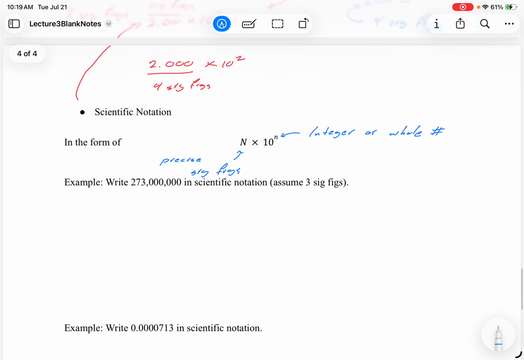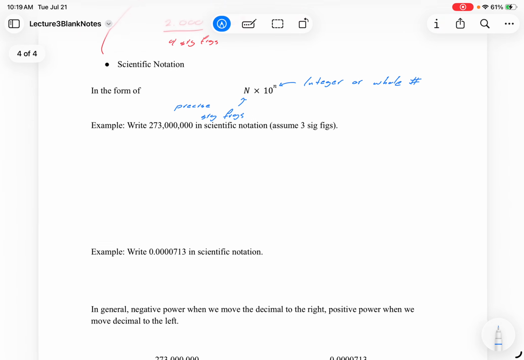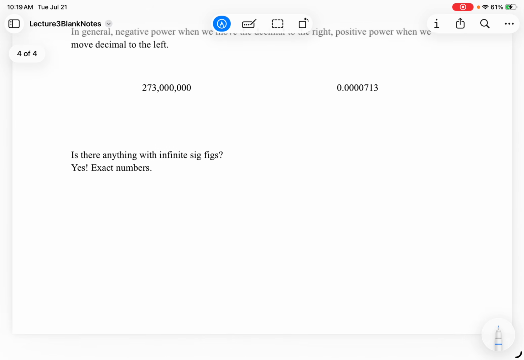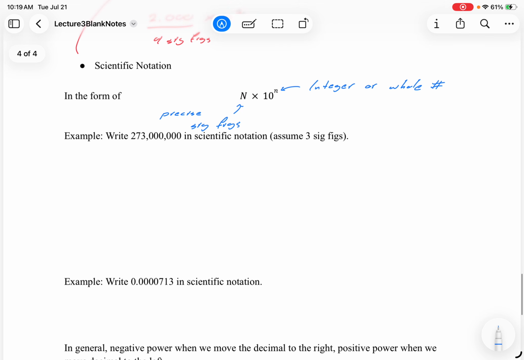So that's just going to be your scientific notation. Again, more on this in another lecture. I feel like I'm going long enough for the introduction. So let's look at a few examples. Almost done, hopefully.